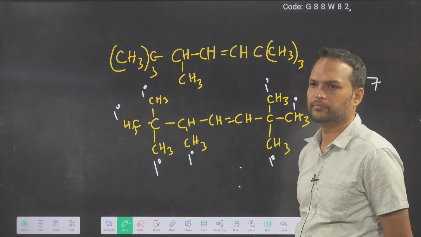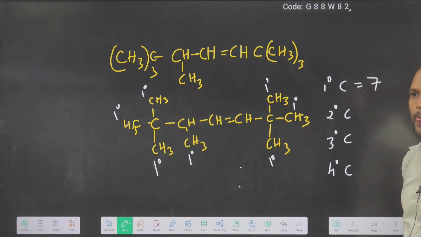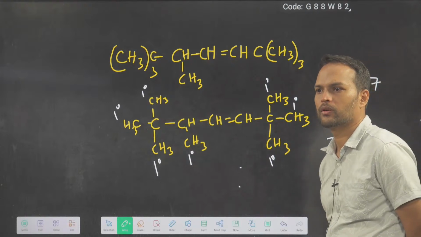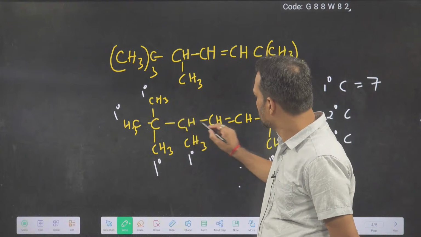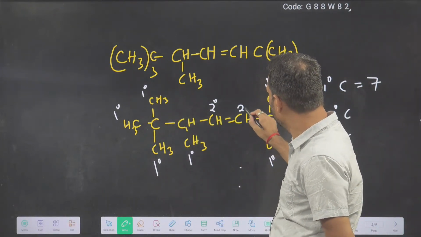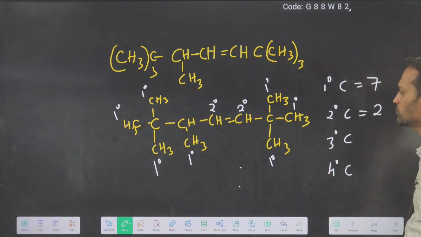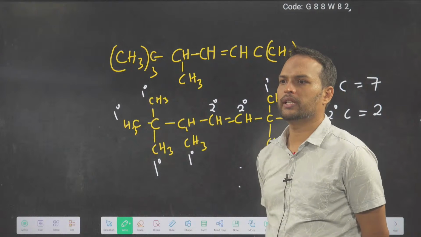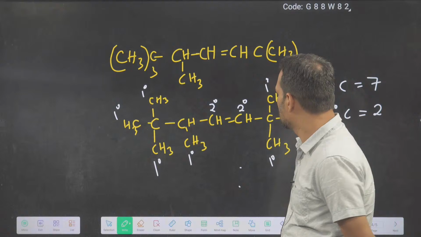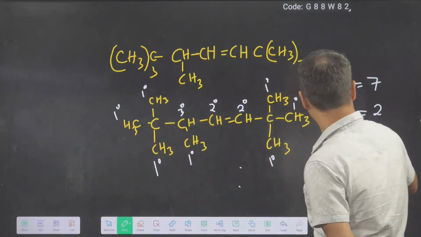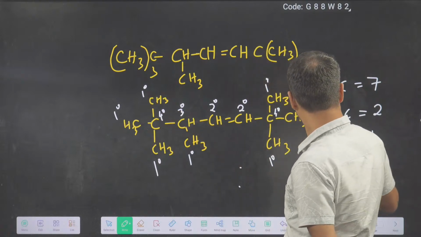2 degree carbon. 2 degree, 2 degree, 2 only. 3 degree carbon, this is 3 degree, only one. 4 degree, 2.